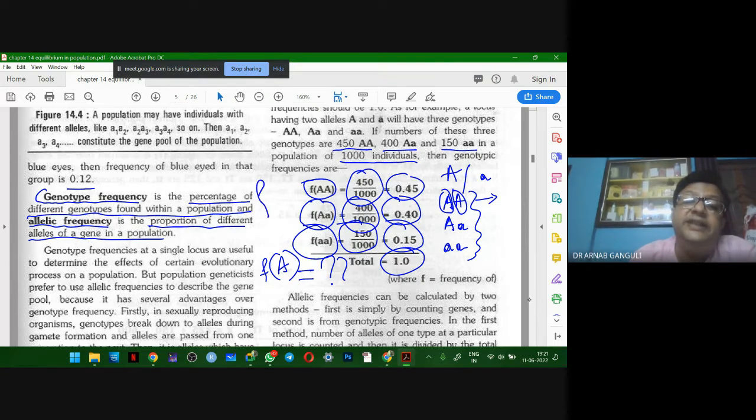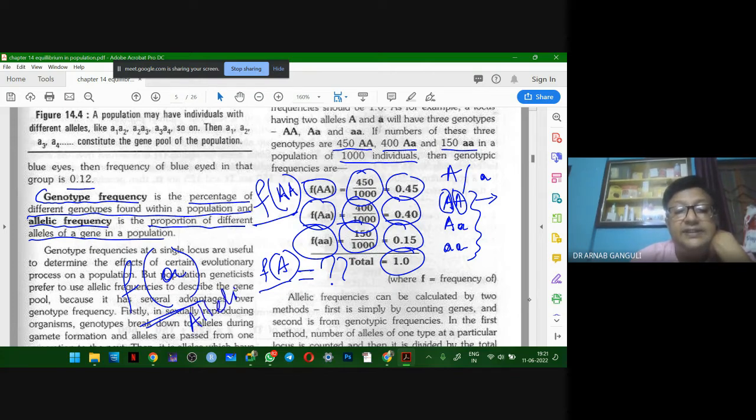Genotypic frequency is the frequency of individuals who are homozygous for AA or heterozygous for A small a. But when you talk about the frequency of capital A or the frequency of small a, this is what you call allelic frequency.